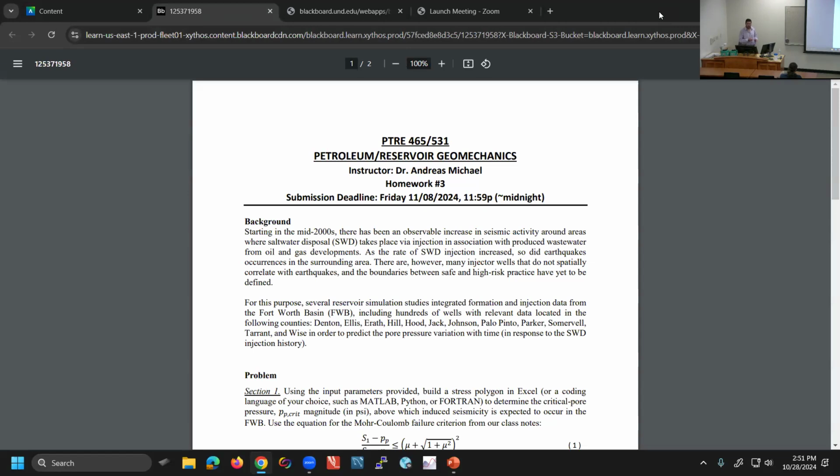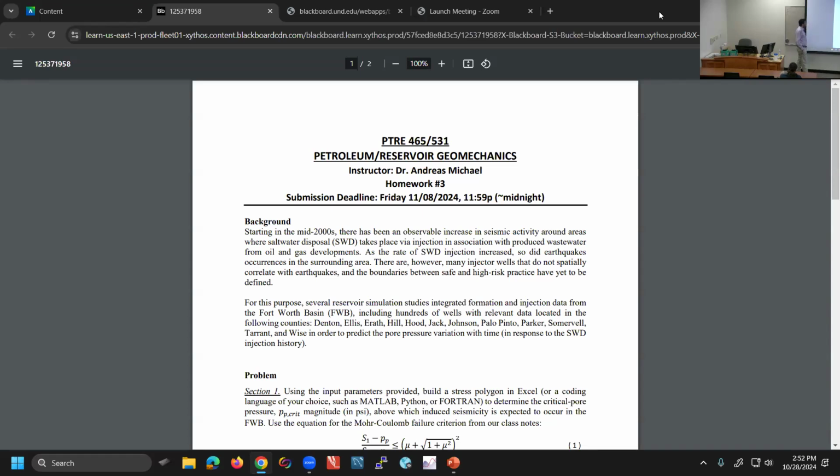Okay, so background. Starting in the mid-2000s, there has been an observable increase in seismic activity around areas where saltwater disposal, abbreviated SWD, takes place via injection in association with produced wastewater from oil and gas development. So oil and gas development is basically related to hydraulic fracturing.